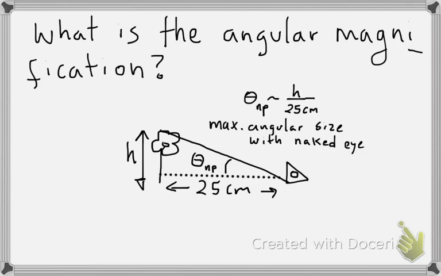So the angular size for the near point, or the angular size of the object without any aid, is h, the height of the object, divided by 25 centimeters. This is the angle that we're going to compare to the angular size when we're using the optical instrument. The angular size when using the optical instrument should be bigger than this number so that there is a magnification.